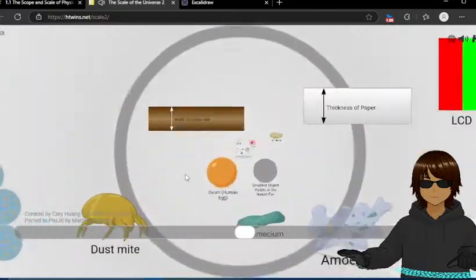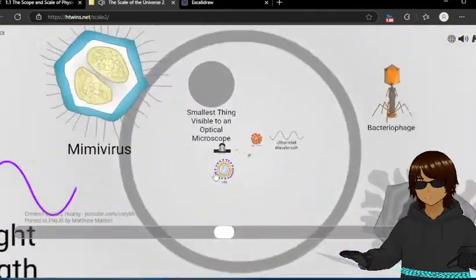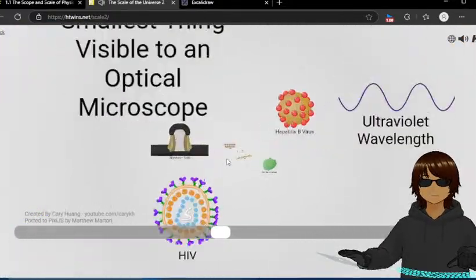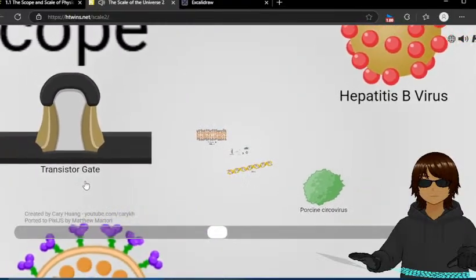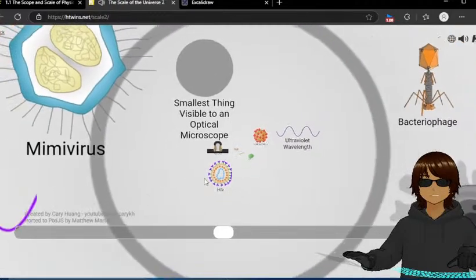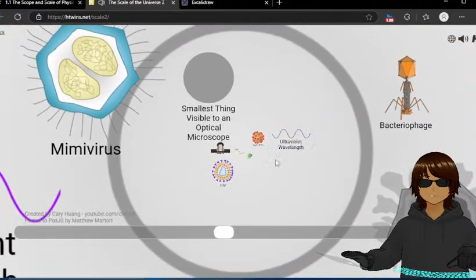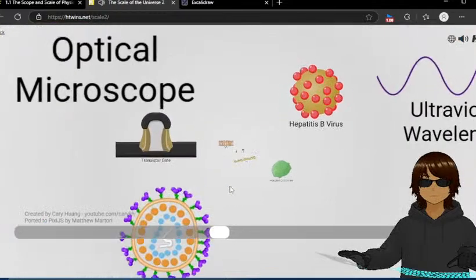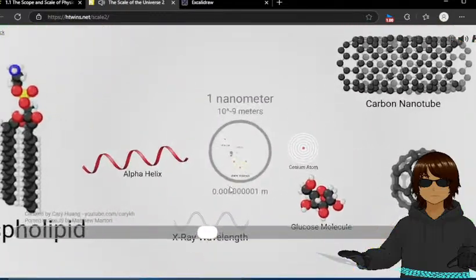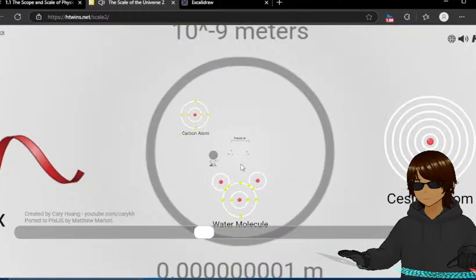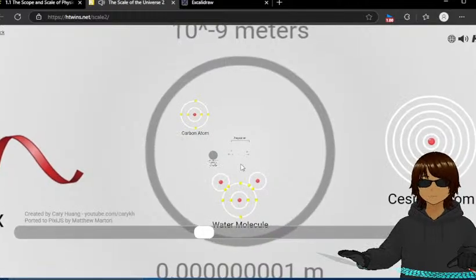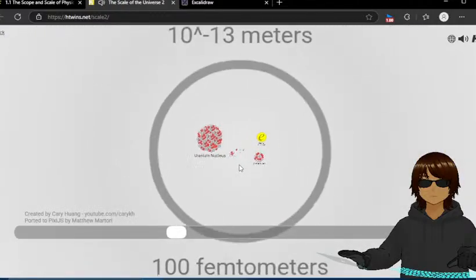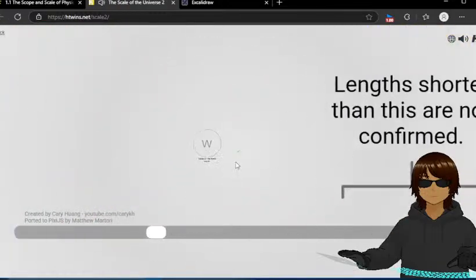Okay, we are going down the scale. Smallest thing visible. Oh my gosh, a transistor gate is this small. Okay, it even goes smaller than this.